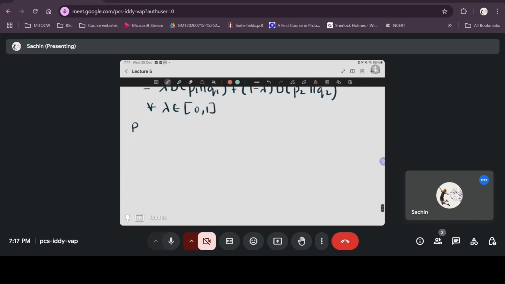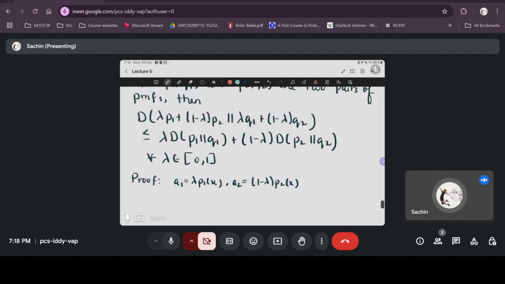The proof is as follows. Taking A1 is equal to lambda P1 of x, A2 is equal to 1 minus lambda P2 of x. Before that, we have to first convince ourselves that lambda P1 plus 1 minus lambda P2 itself is a probability distribution. Since lambda is a non-negative quantity, and P1 and P2 are non-negative, 1 minus lambda is also non-negative.